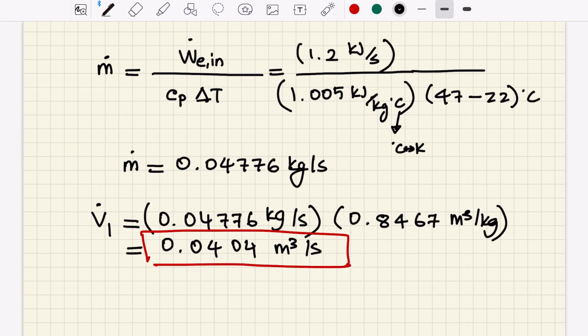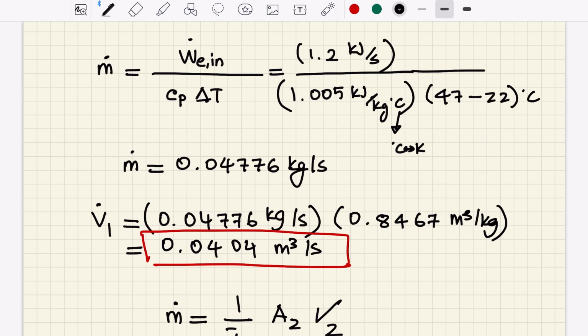Now the next part is asking us to calculate velocity, and the only way to calculate velocity is through the equation which relates mass flow rate to velocity. I need to use exit conditions because I'm trying to find velocity at the exit. The mass flow rate is equal to 1 over specific volume at the exit times area at the exit times velocity at the exit.